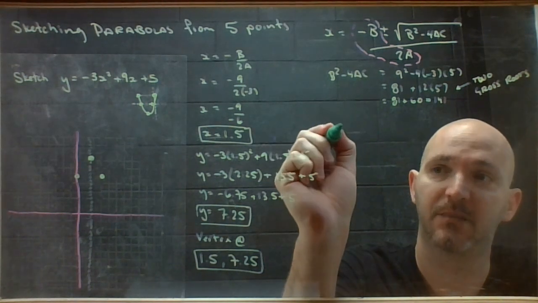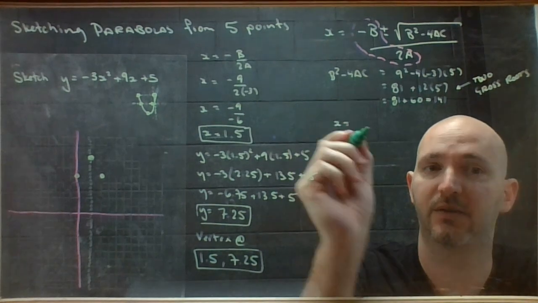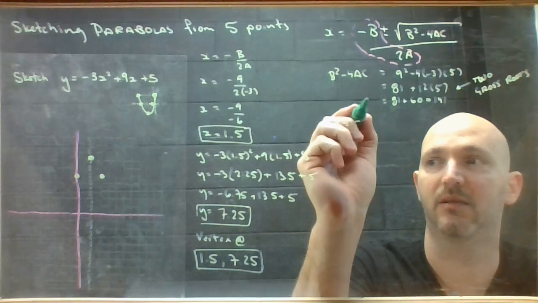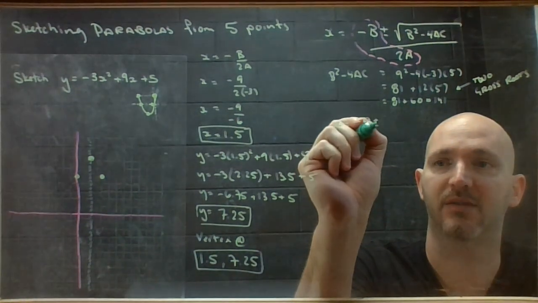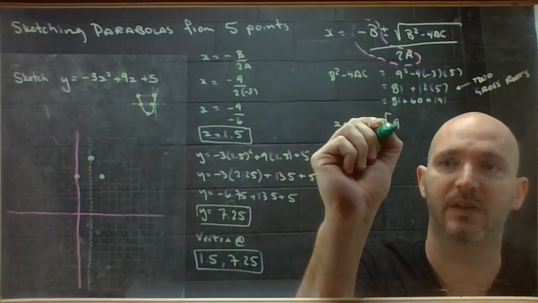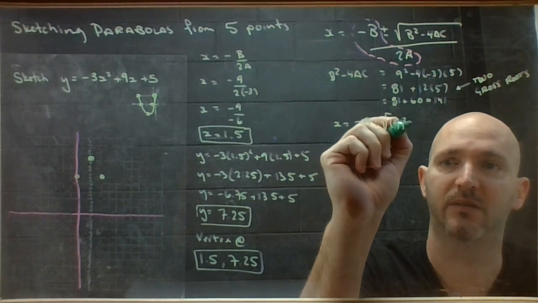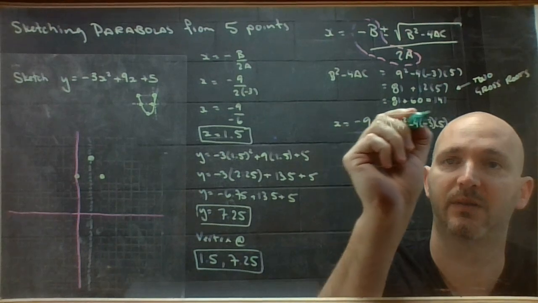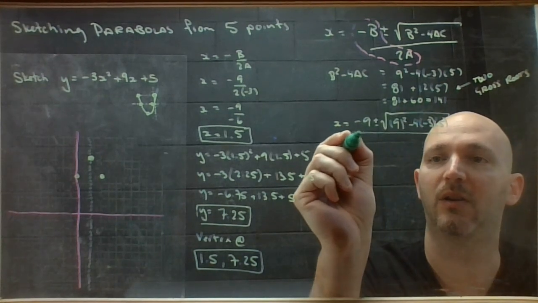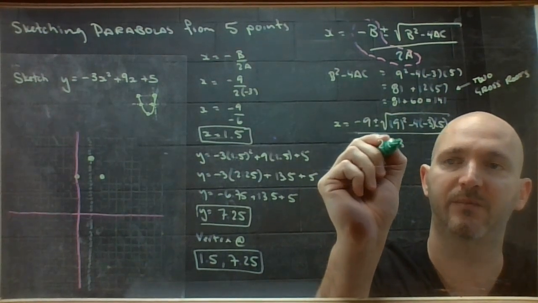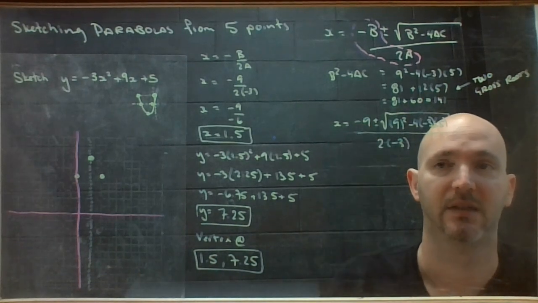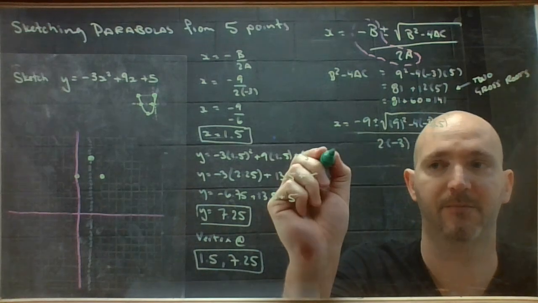So fill in the rest of my quadratic formula and try not to write on my face here. Minus b would be -9 plus or minus the square root of 9 squared minus 4 times -3 times 5, all over 2 times -3. Make sure you get this part over the 2a as well. It's not just the radical part.